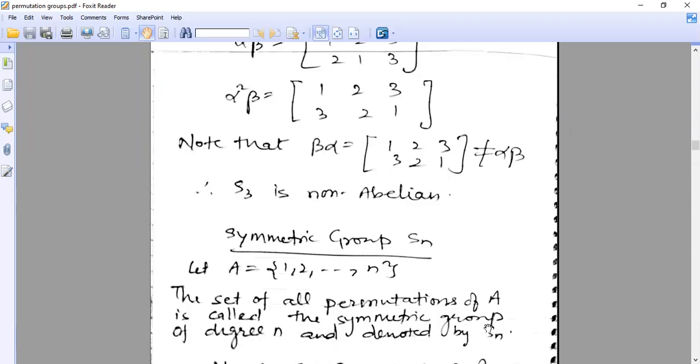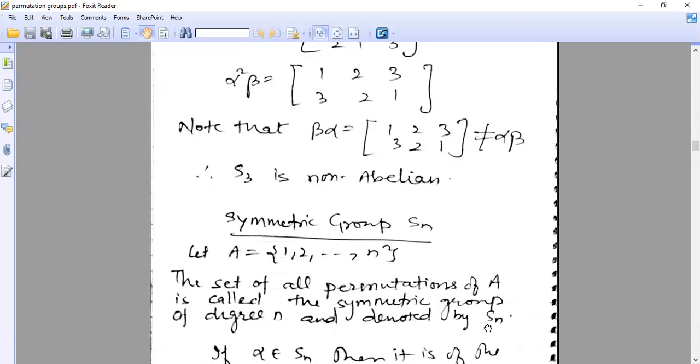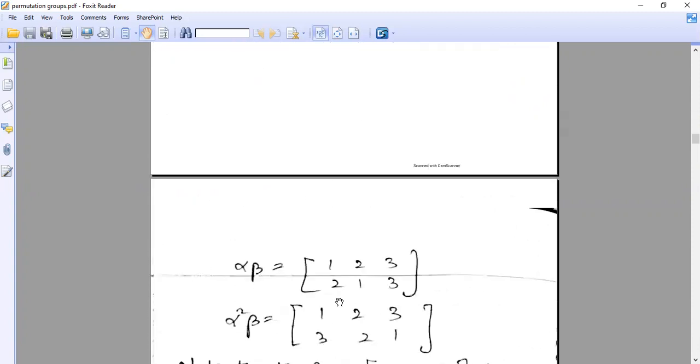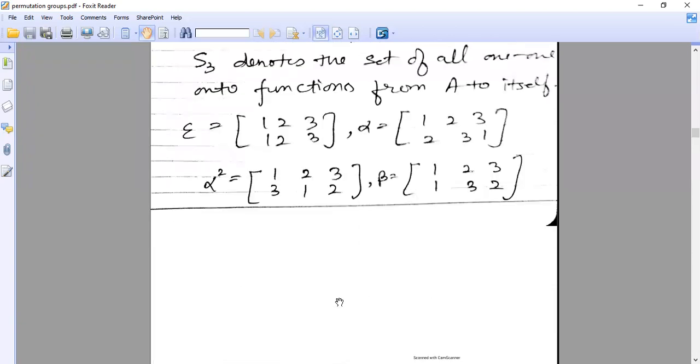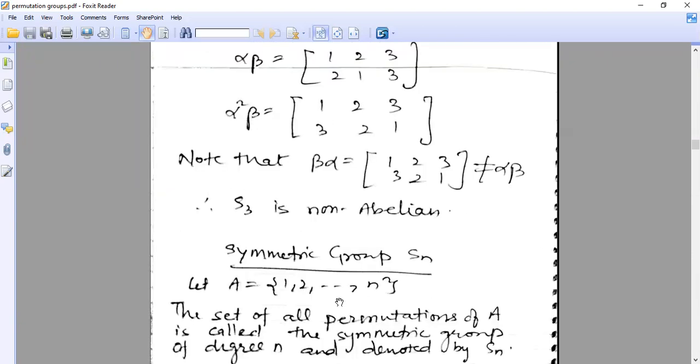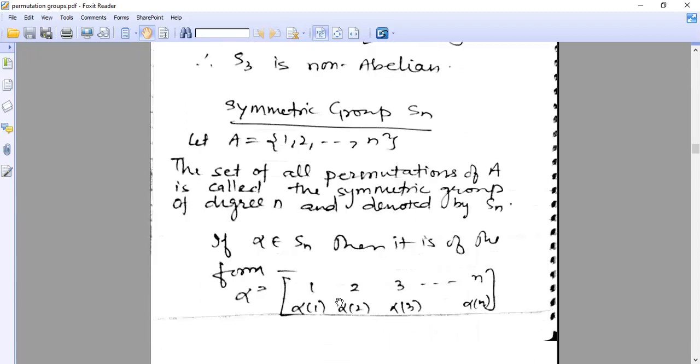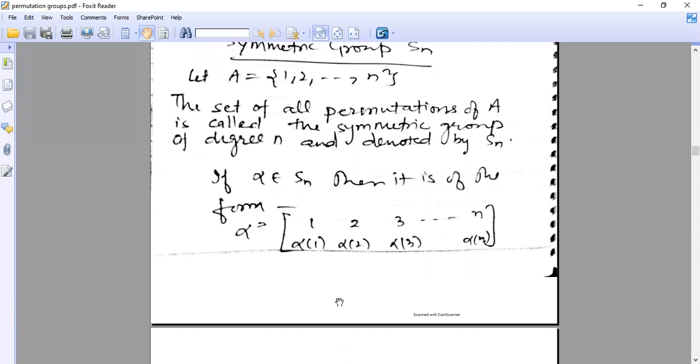Now, its generalization, the symmetric group Sn. When you have a set A with n elements 1, 2, 3, and so on, the set of all permutations of A is called the symmetric group of degree n. So this was your symmetric group. S3 was the symmetric group of degree 3, and here the generalization is, the set A has n elements, then this will be your symmetric group of degree n, and it is denoted by Sn.